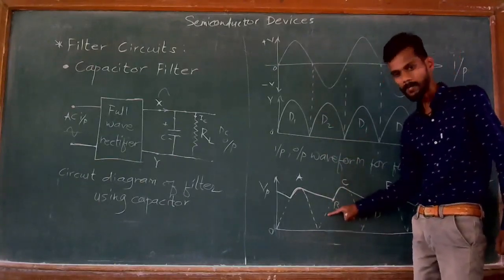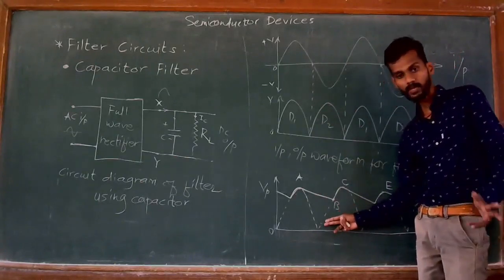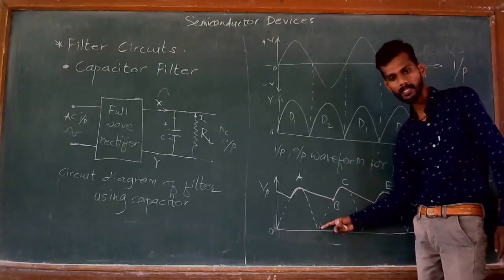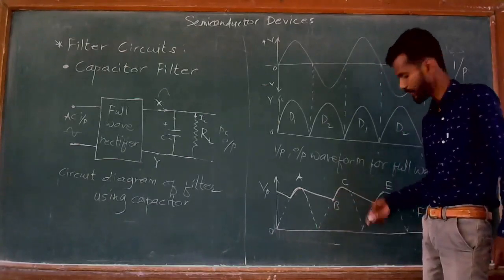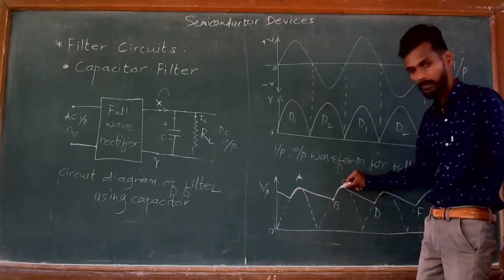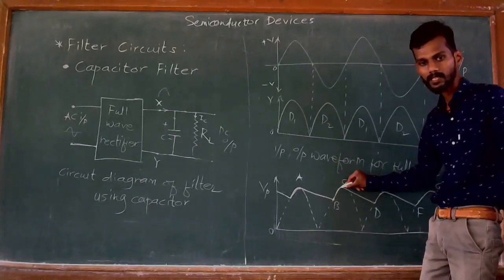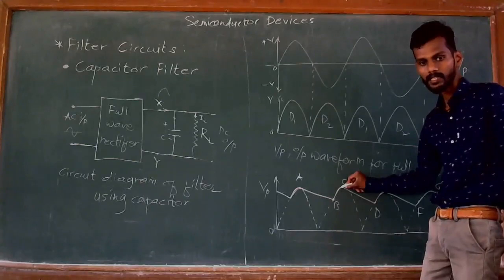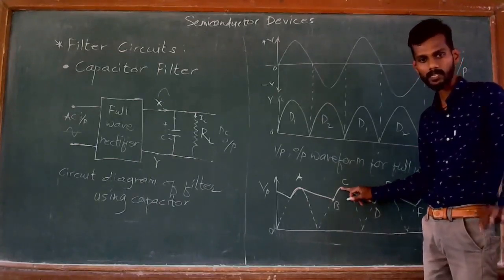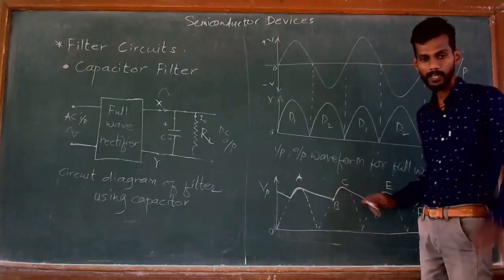But at the same time, in the next cycle, diode D2 conducts and the second cycle immediately charges the capacitor again. Therefore it reaches point C, meaning it acquires a voltage equal to the peak voltage.